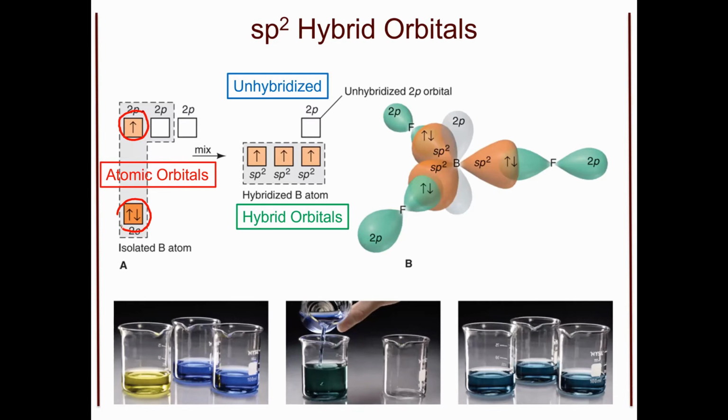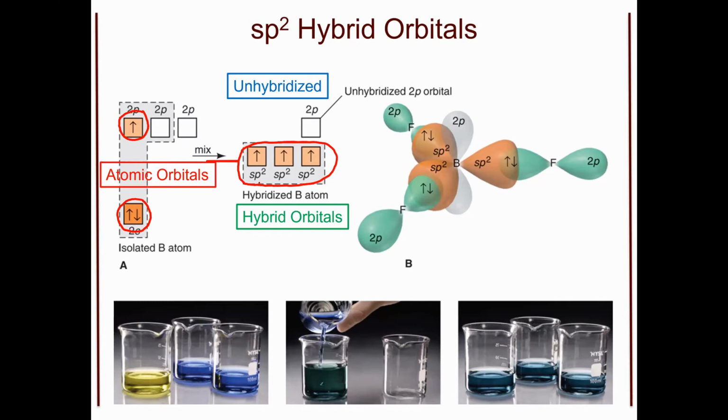So it makes it seem like there would only be one bond that would want to happen. But if we hybridize the orbitals, now notice that upon the mixing and getting three sp2 orbitals, that we now get three electrons, one in each of our hybrid orbitals. This allows our fluorine to bond, and this is how we would get the trigonal planar molecular geometry.